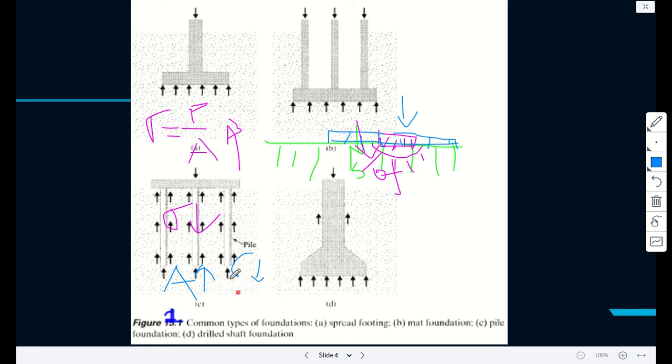This is your point. So that's actually the idea of mat foundation. But you do not have limitless space, because it's also a question of space.